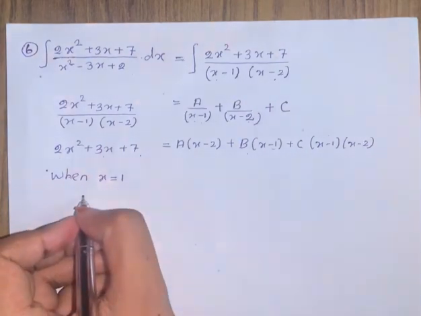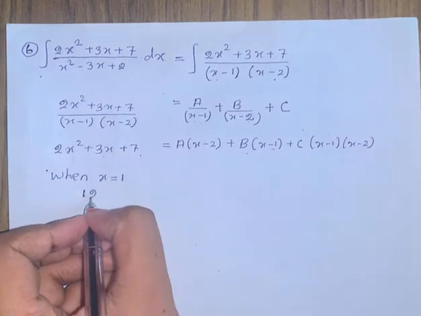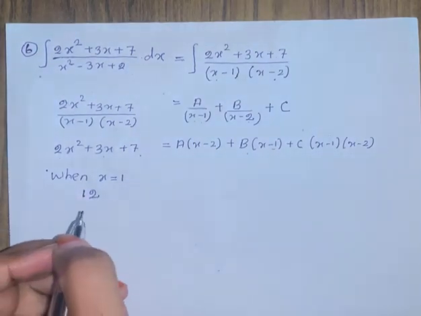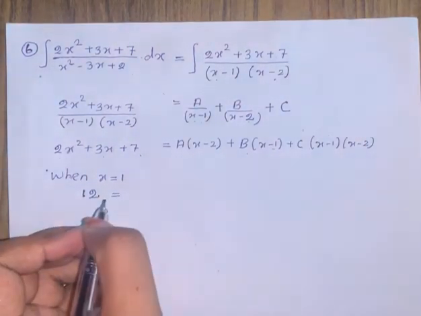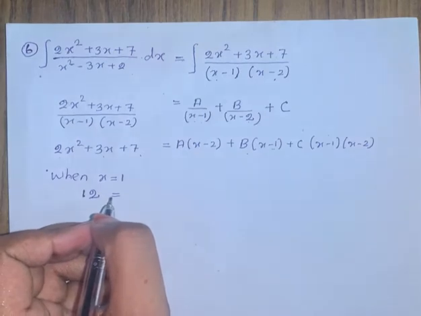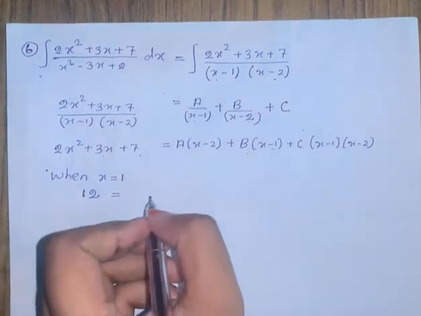If we take x equal to 1, it will be 12. 12 is equal to 1 minus 2, which is minus 1, so that will be minus A.